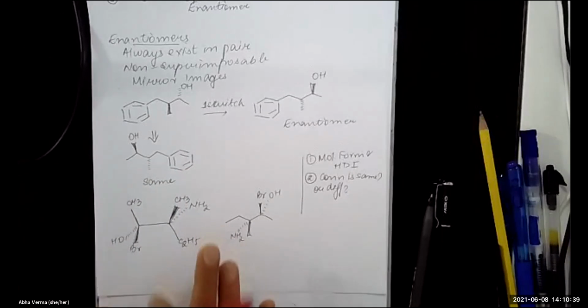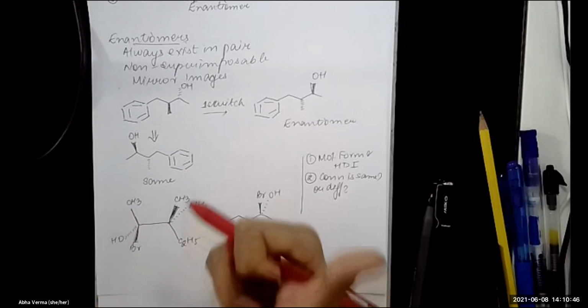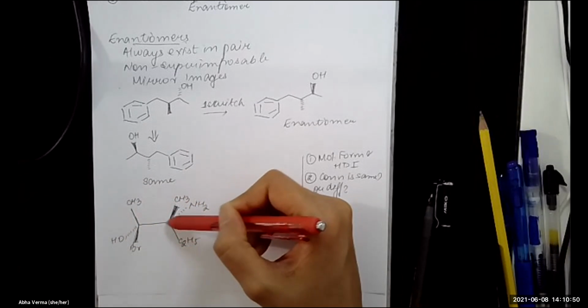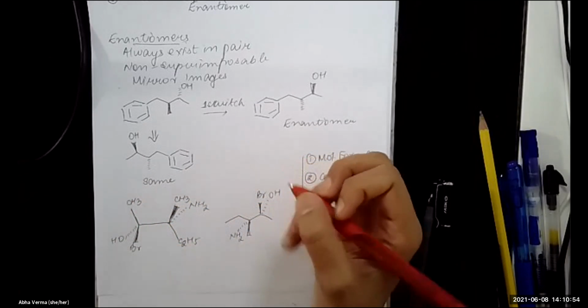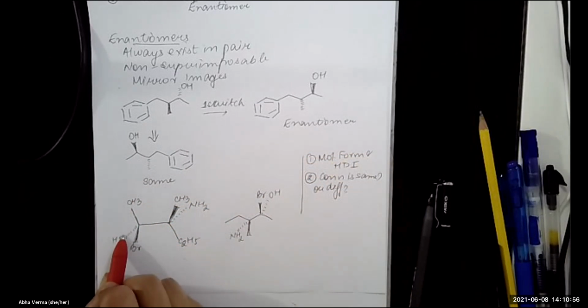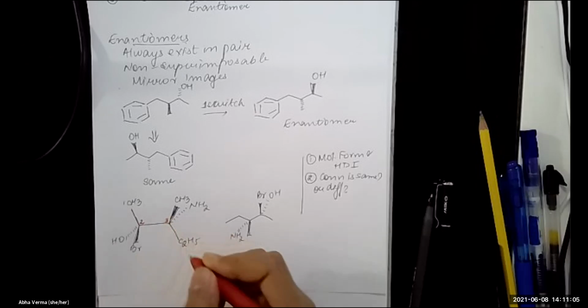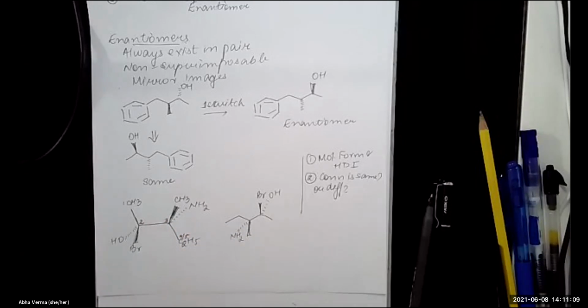So remember, this is where your module 4 is going to help you. You should be following the path. First, find the longest chain. This is no doubt your longest chain. Where are you going to start your numbering from? Closest, so that you have the lowest locant number. So I have carbon 1, carbon 2, carbon 3, carbon 4 and 5 on this ethyl.